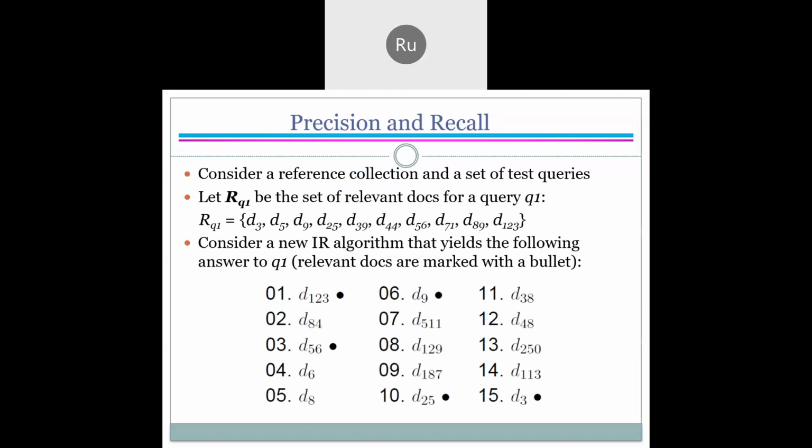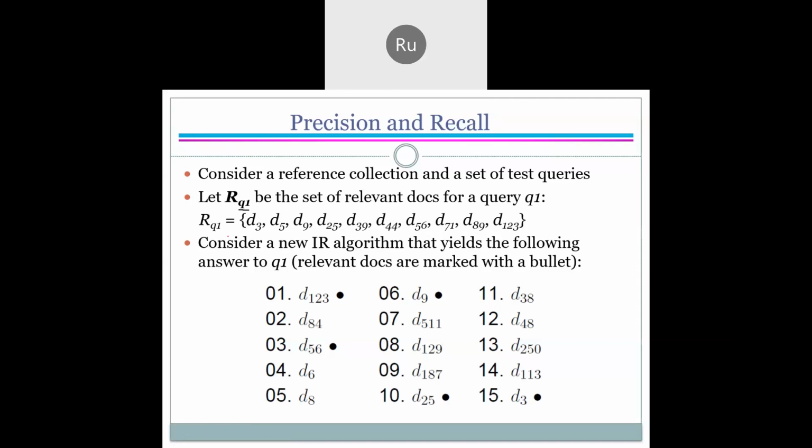Okay. So let's consider this collection. Let's suppose we have relevant documents with respect to query 1. Let me change the color. Okay.